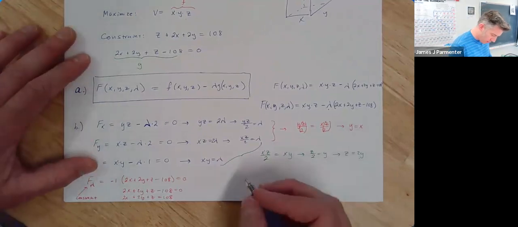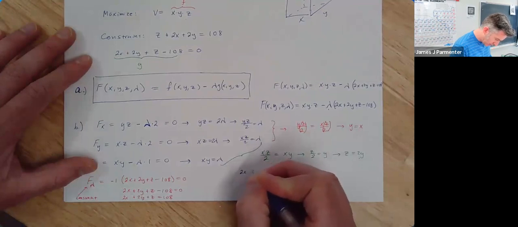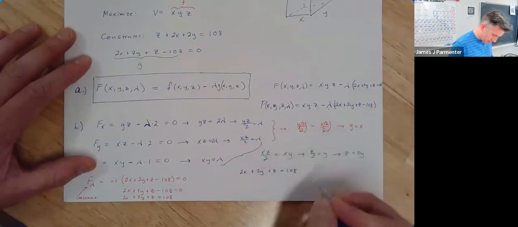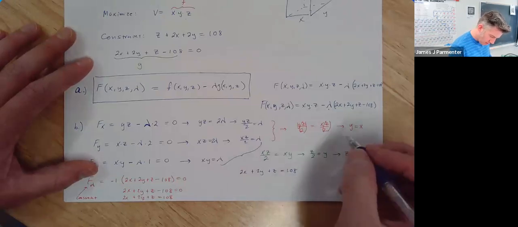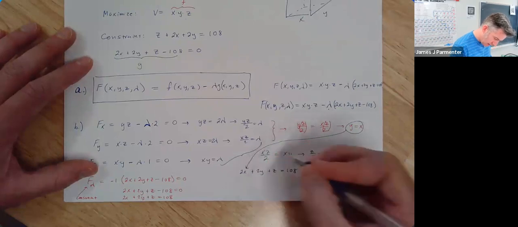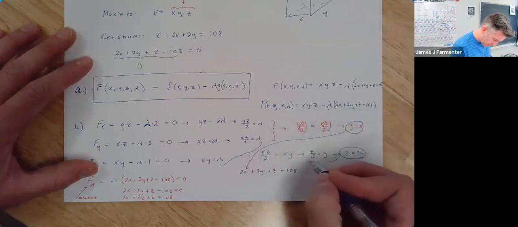So my constraint was 2x plus 2y plus z equal to 108. And now I'm going to plug in x equal to y and z equal to 2y.